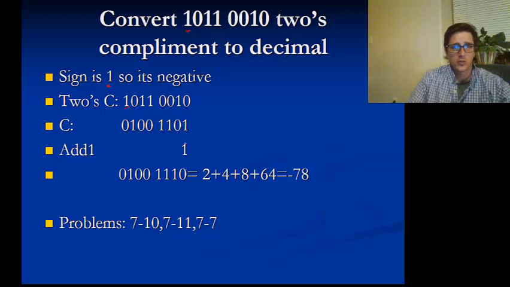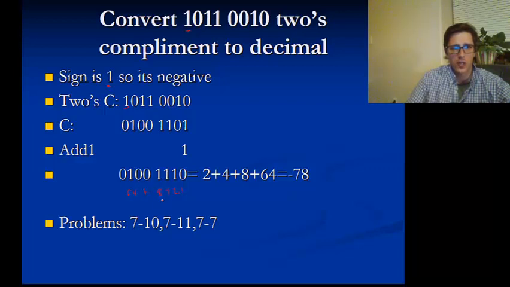So the first thing we're going to do is add 1 to it. When we add 1, this becomes a carry. We get 0, 1, 1, 1, 0, 0, 1. Okay, now we just check to see what's in there. So we have a 1, we have a 2, we have a 4, we have an 8, 16, 32, 64 is what we have.